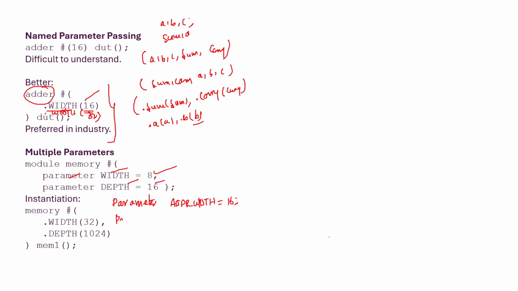And similarly parameter some ID, based on the ID, that is 32 bit. Now, multiple parameters are there. Even though multiple parameters are available, we can instantiate it and then override the parameters. See, here I am writing 32 bit and then 1024. Now this works for 8 bit and it also works for 32 bit.